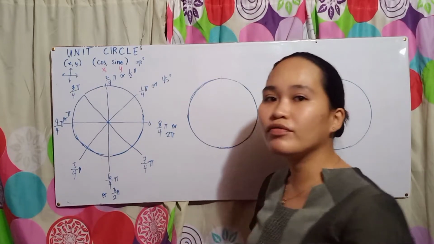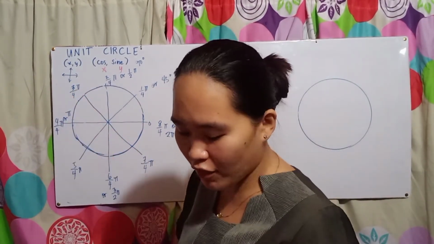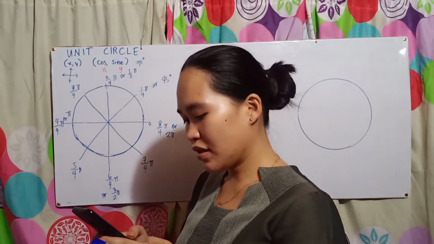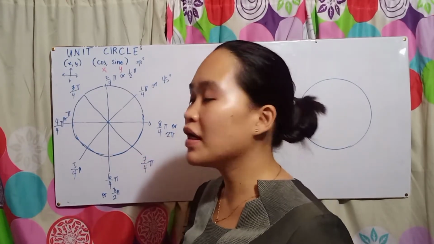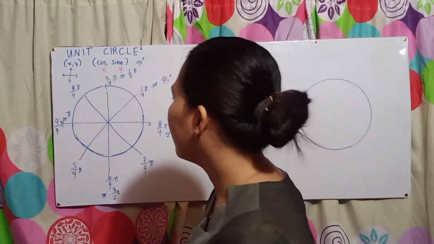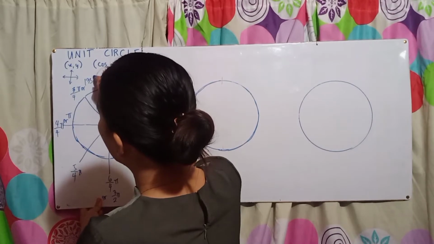3 pi over 4, so 3 times 180 divided by 4, so 135, or 135 degrees.